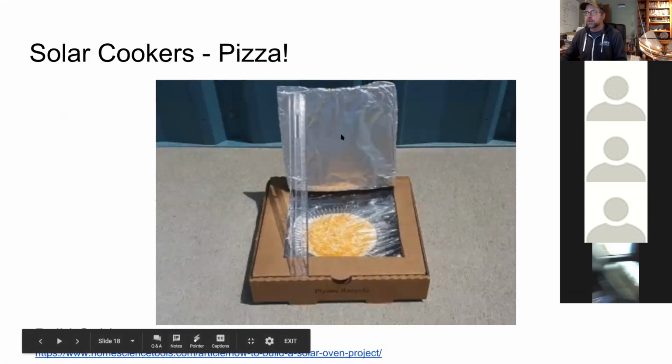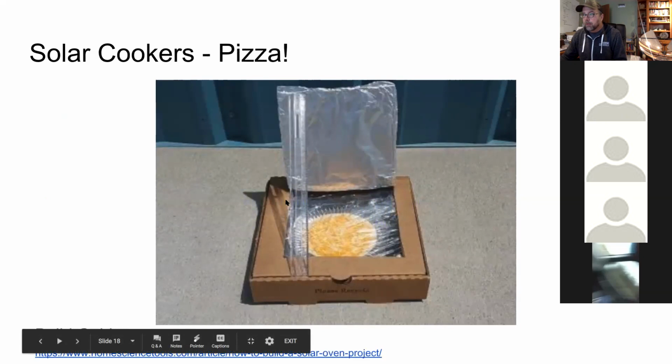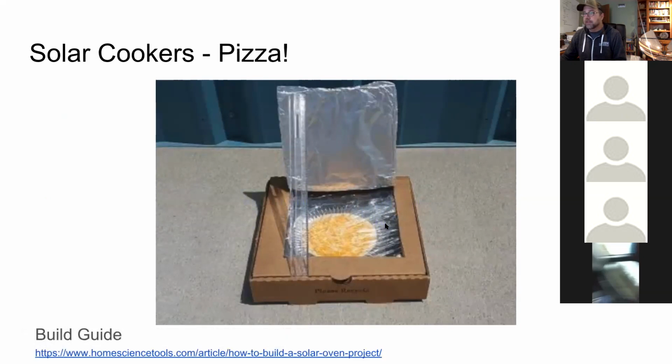So if we look at this one here, let's look at it from our model. We have our reflector here. So this is aluminum foil that's reflecting down into a box. Over the box, we have like saran wrap, and that's the transmitter. So the light's reflected off of here, transmits through there. And then inside the box, you want to get it dark.